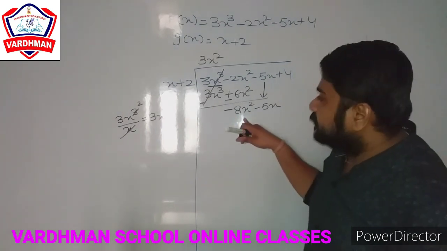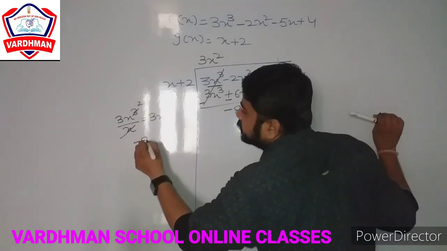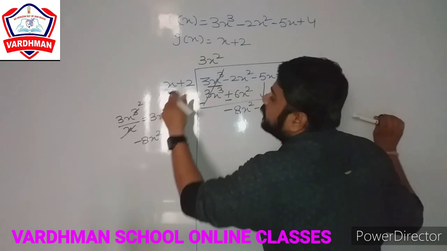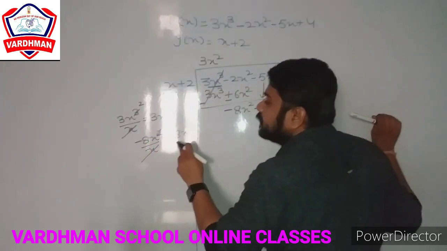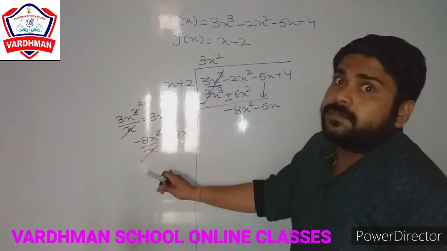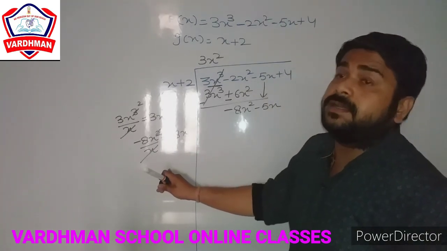Now there is the value minus 8x square divided by x, minus 8x. If there is the minus, we have to consider minus.